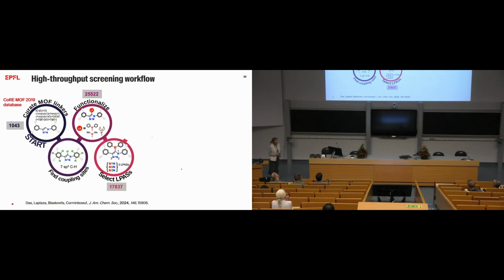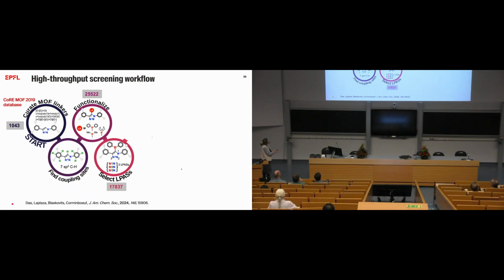So here is the workflow, how it went. We curated the Corminboeuf database from 2019 that contained about 14,000 MOFs. We identified the linkers, as I told you, that contain a base and a benzene group. We identified the coupling site.